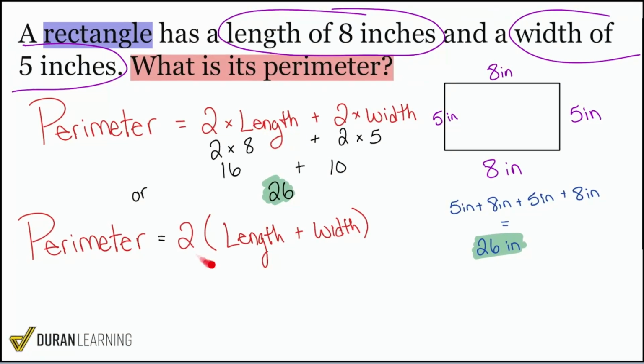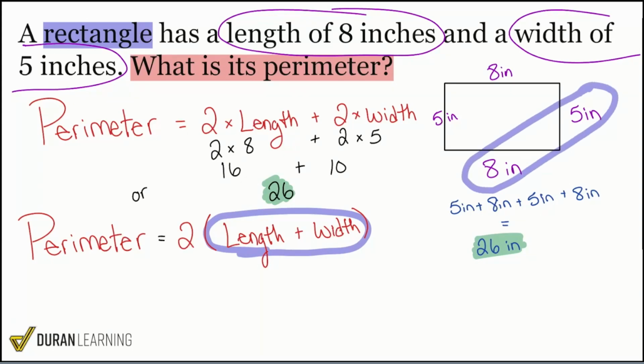Now let me show you over here. Where does this come from? Well, basically, here's what it actually looks like. I'm going to highlight this in, let me use what I haven't used yet. Let's just do blue. So I'm going to highlight and encase this in blue. So we have the length plus the width in blue. Everybody, if I were to multiply it by 2, this is what it looks like.